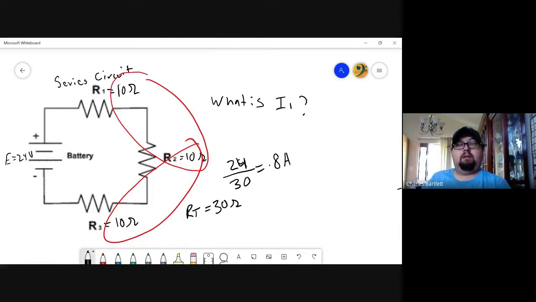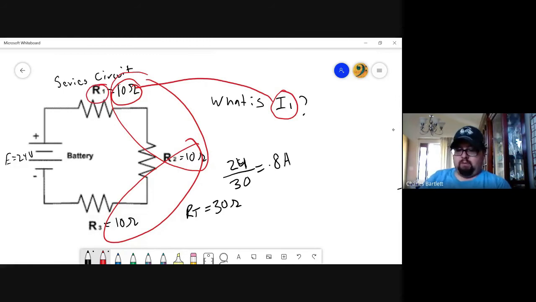And then what you have to remember is amps is the same everywhere. So what I1 is referring to is the amperage across that resistance, or R1.